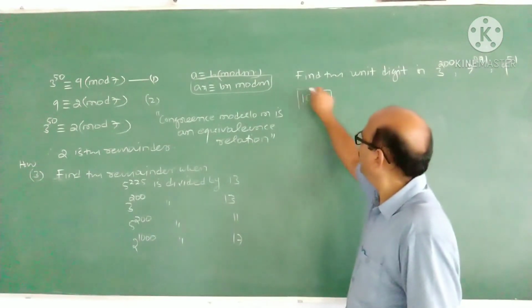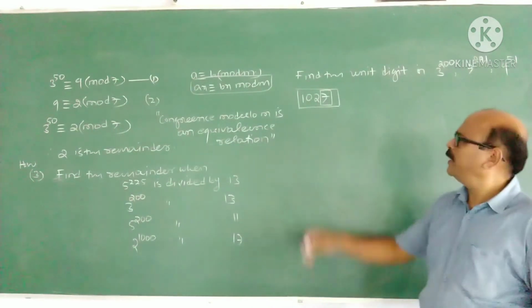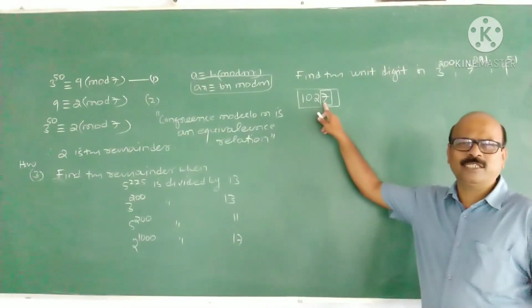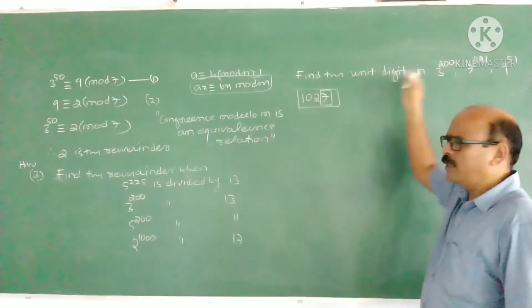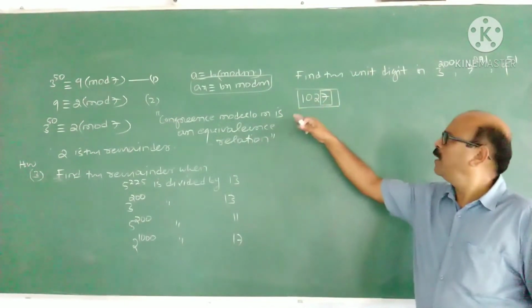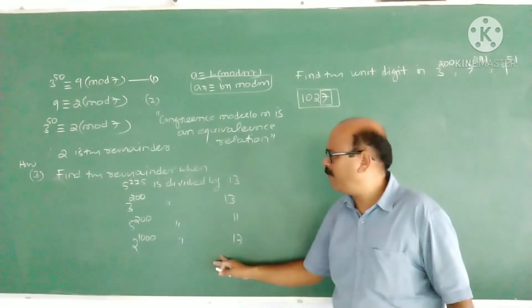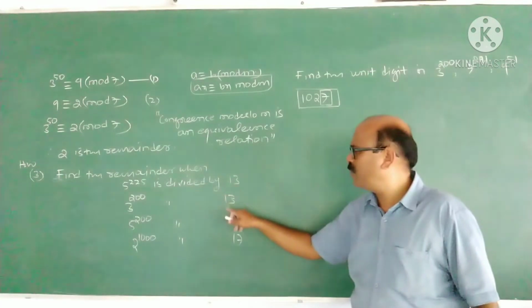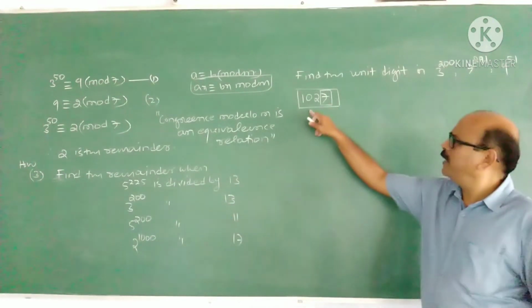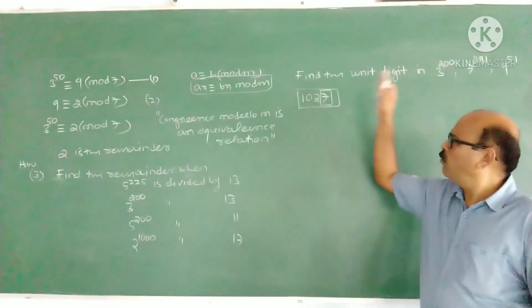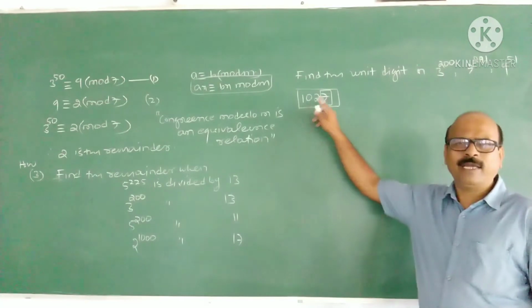If you divide the number by 10, then the remainder obtained is the unit digit. Therefore, to find the unit digit in any number, you have to divide the number by 10. Here we have obtained the remainder when the numbers are divided by different numbers, 13, 11, 17, and so on. But here, find the unit digit means find the remainder when the number is divided by 10.